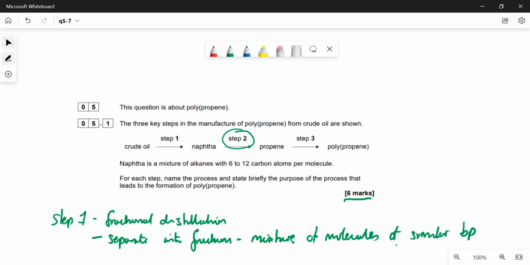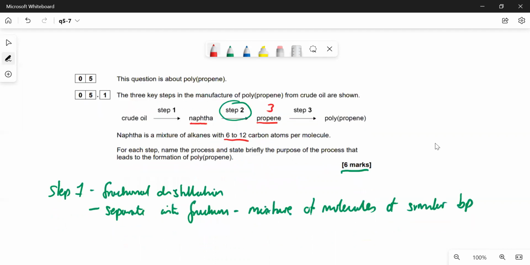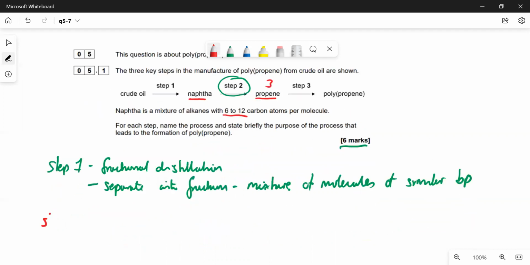Boiling points. Right, step 2. What we're doing here, we're turning naphtha, which is 6 to 12 carbons, into propene, which is only 3 carbons, so making them shorter. So what we're doing there is cracking. Step 2 is cracking. What does cracking do?